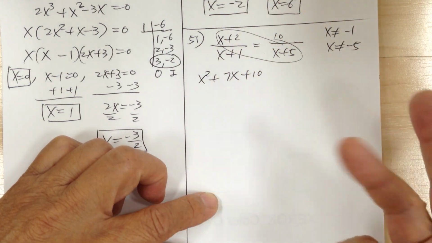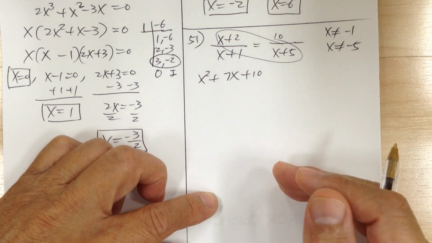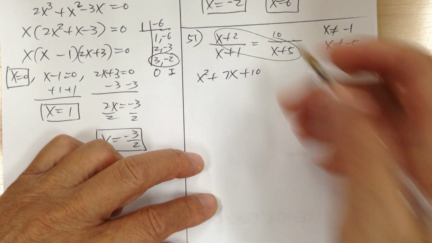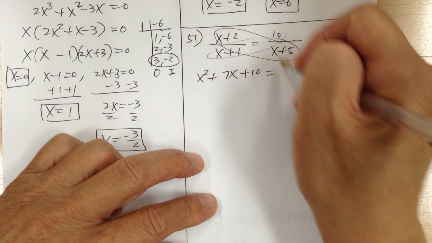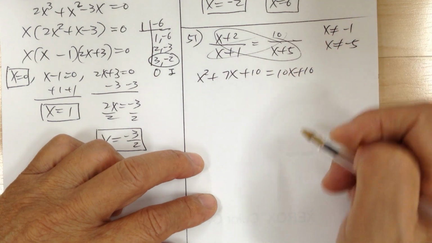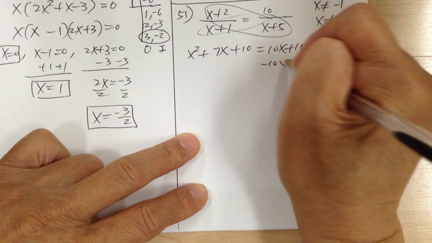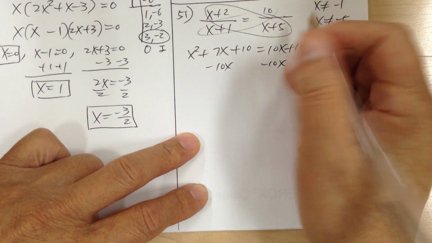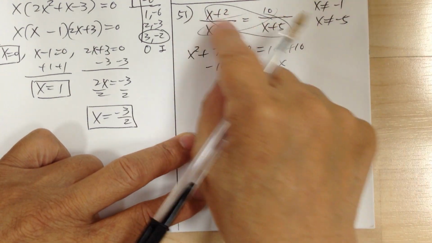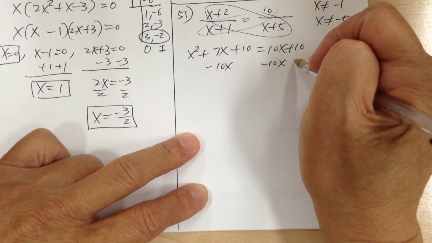Remember, the FOIL method and the factoring of a trinomial are the reverse of each other. And this one will give you 10x plus 10. Then make equal to 0. Now if you don't know the shortcut, just go and use FOIL and you can get that.